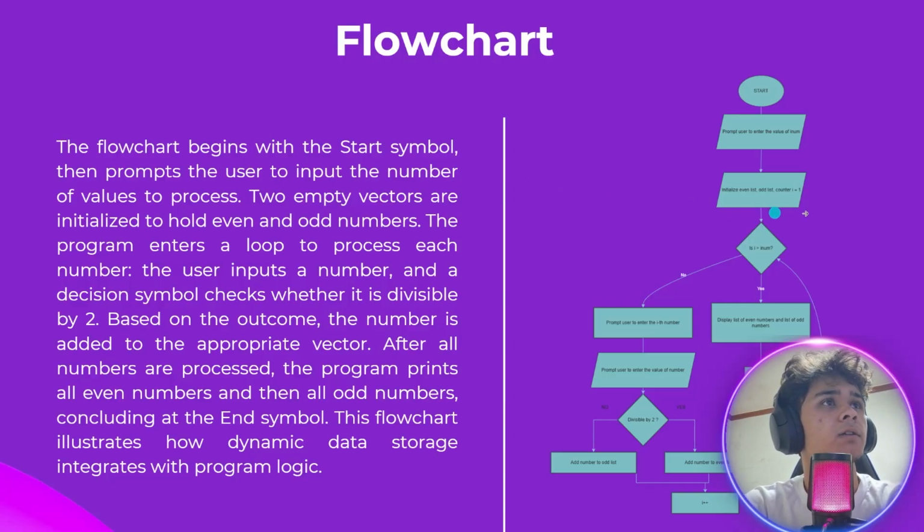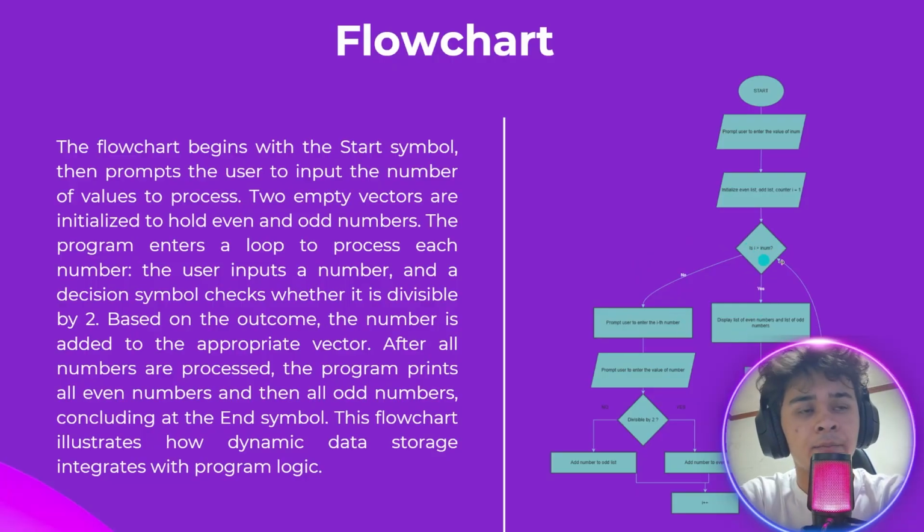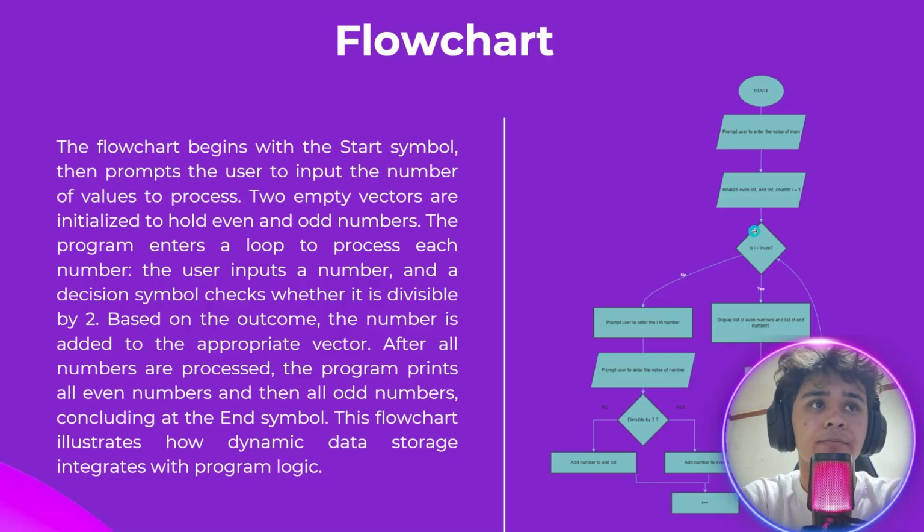Two empty vectors are initialized to hold even and odd numbers. The program enters a loop. Here is the loop part. It checks if i is greater than the number I entered here.